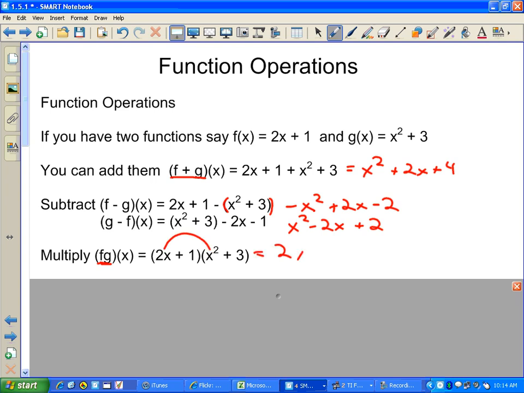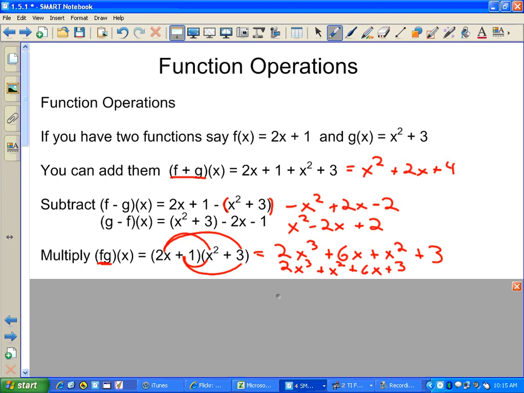So we get 2x cubed plus 6x plus x squared plus 3. And then we'd want to switch spots, because we always want your powers to be in descending order. So that's what f times g of x would be.